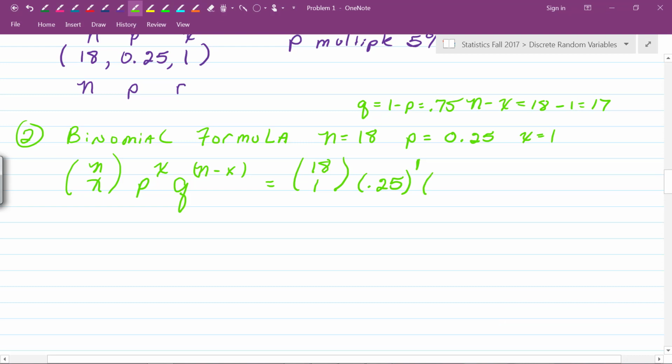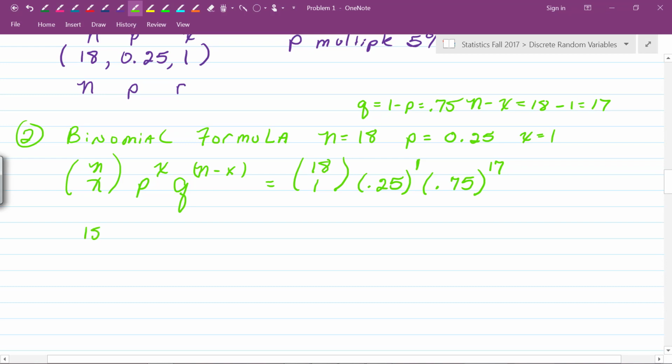Then we multiply by 0.75 raised to the number of failures. The number of failures we have is 17. Alrighty, so let's break this down into some more math formulas. Let's solve what is 18 choose 1 first.